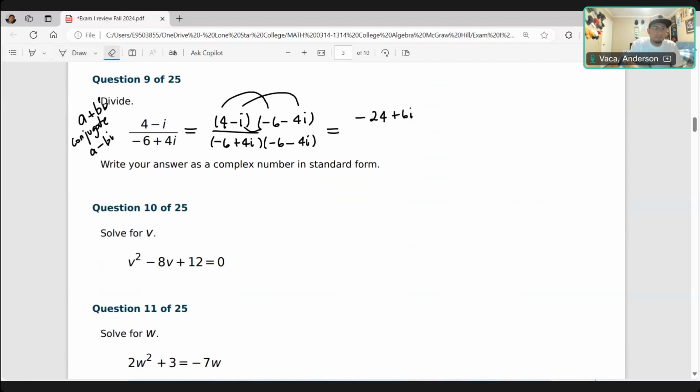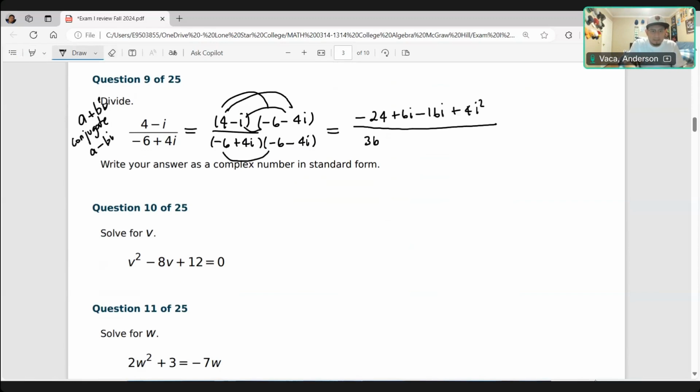We got positive 6i, then we get here. Let me delete this before I do that. Then we get here, we get negative 16i, and now we get positive 4i squared. My gosh. Down here, hopefully I won't screw it up this time.